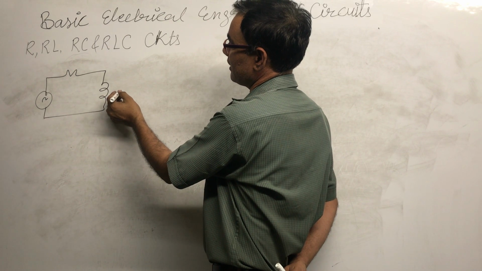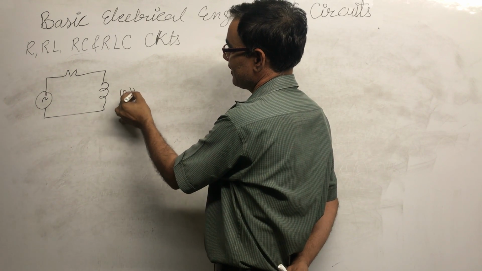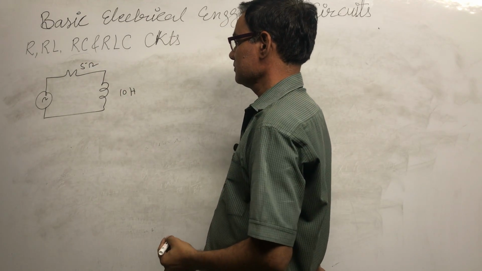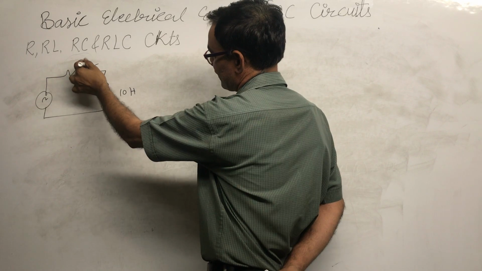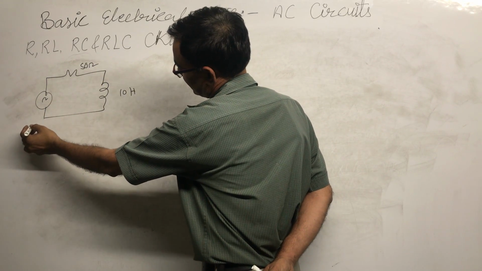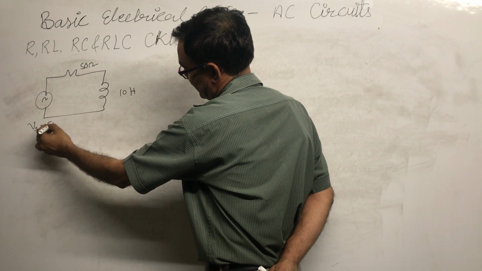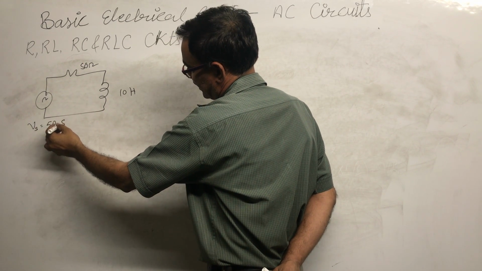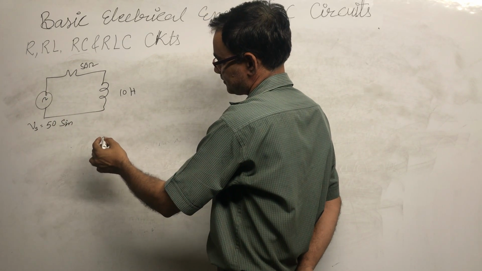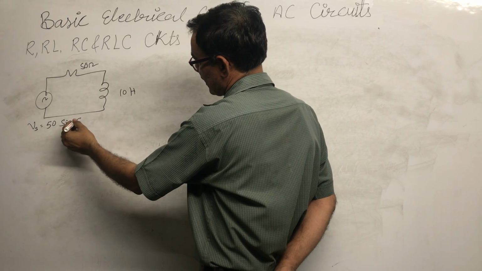Suppose it is given that this is equal to 10 Henry and this is 5 ohm, or it is given 50 ohm, and this is the source having voltage equal to 50 sine of 5t.